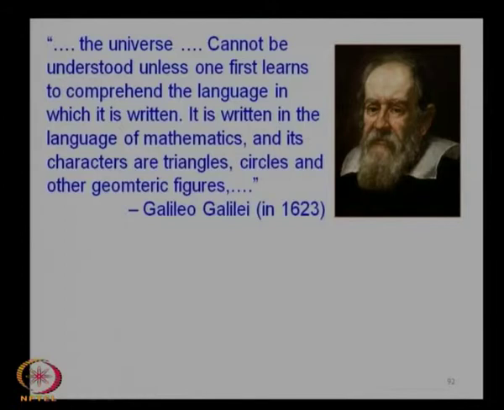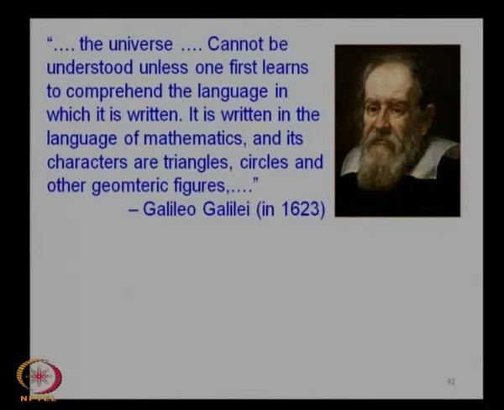Galileo was very intrigued by geometry, and he pointed out that the universe cannot be understood unless one first learns to comprehend the language in which it is written. It is written in the language of mathematics, and he was thinking of mathematics in terms of geometry and characters like the triangles, the circles, and geometric figures and so on, right.